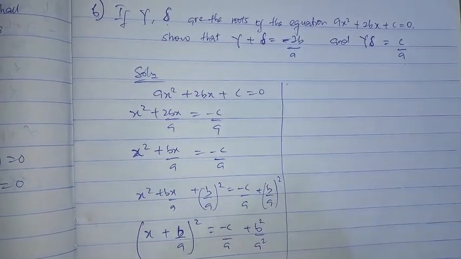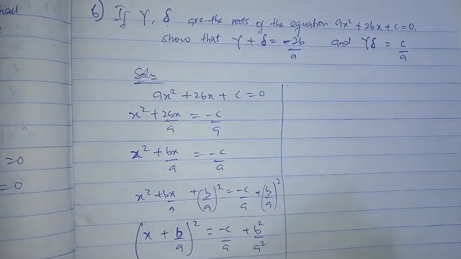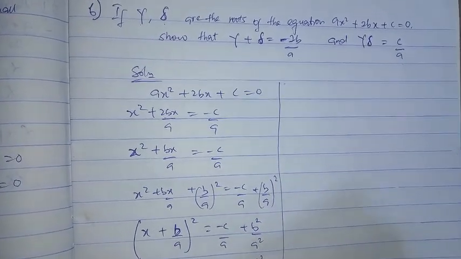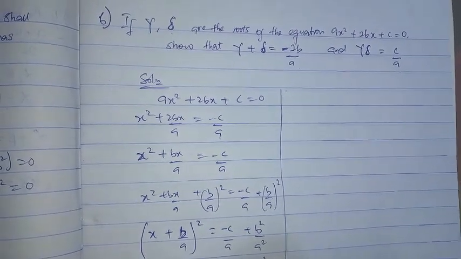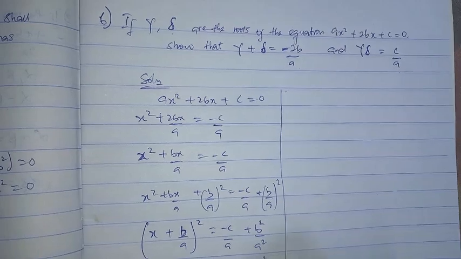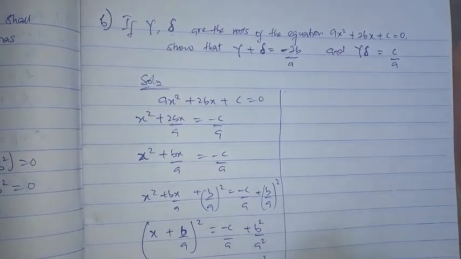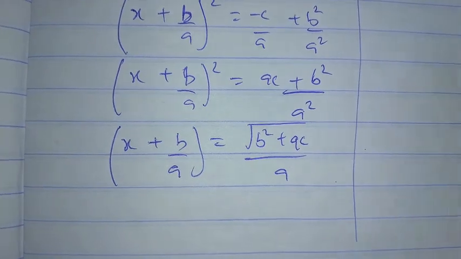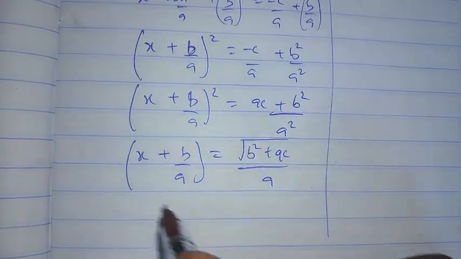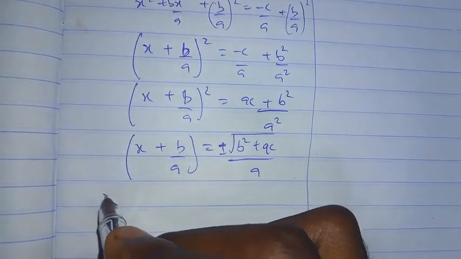On finding the LCM for the right hand side, it becomes ac plus b squared over a squared. Now, find the square root of the right hand side. This becomes the square root of b squared plus ac, or ac plus b squared, over a. Now, this is plus or minus here. x now becomes what?